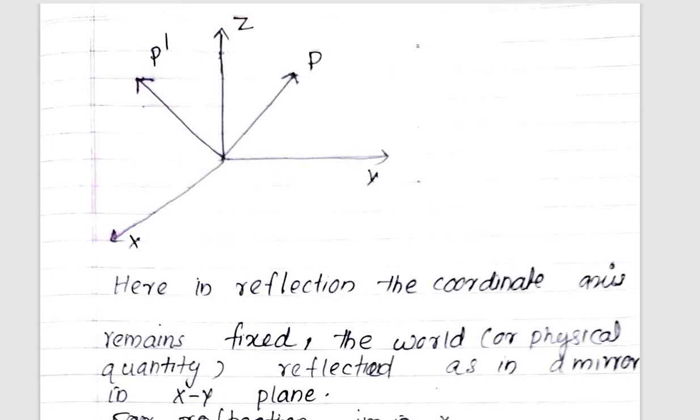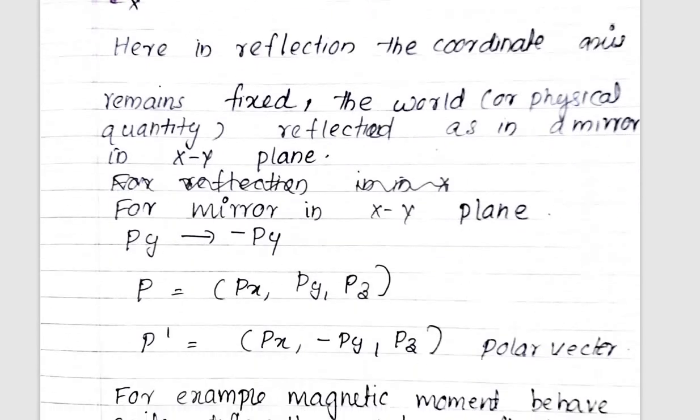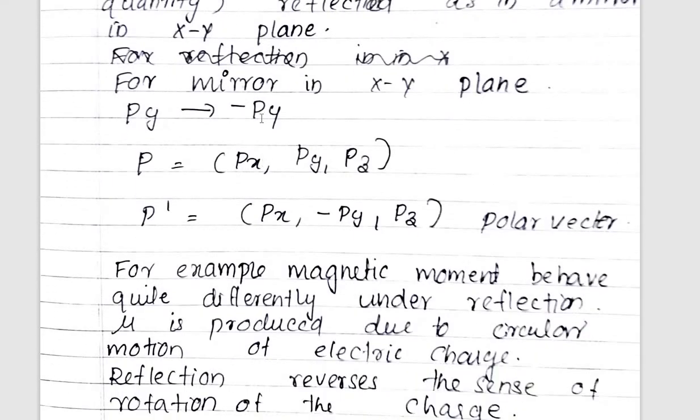So we can write its component like this. For a mirror in the xz plane, py becomes minus py. So the component p is equal to px, py, pz, and it changes into p dash is equal to px, minus py, pz.